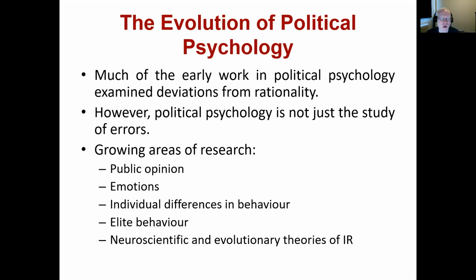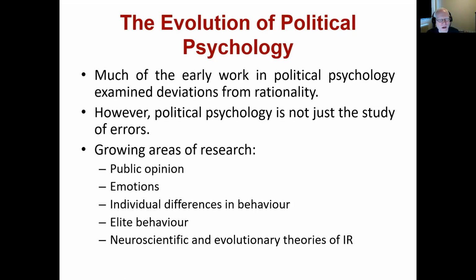But in actual behavior, we see many departures from this rational baseline, this normative ideal of rationality. And so a lot of the earlier work in political psychology was about detailing these places where rational choice doesn't predict behavior.